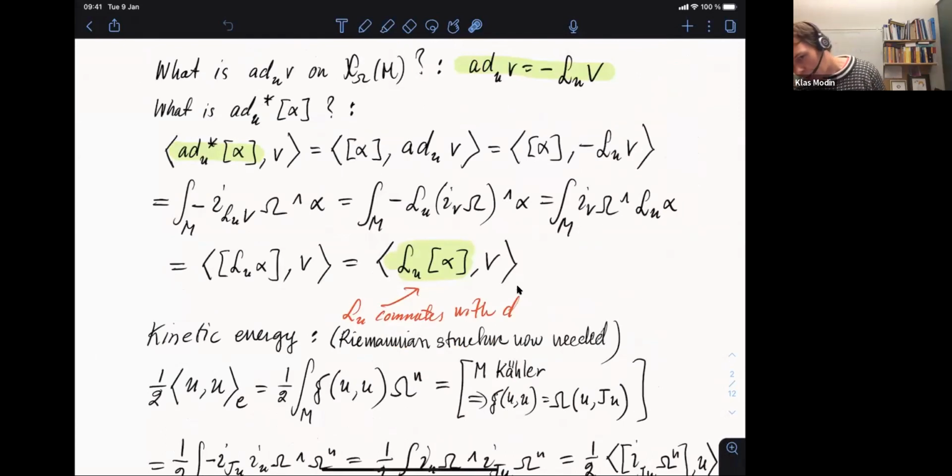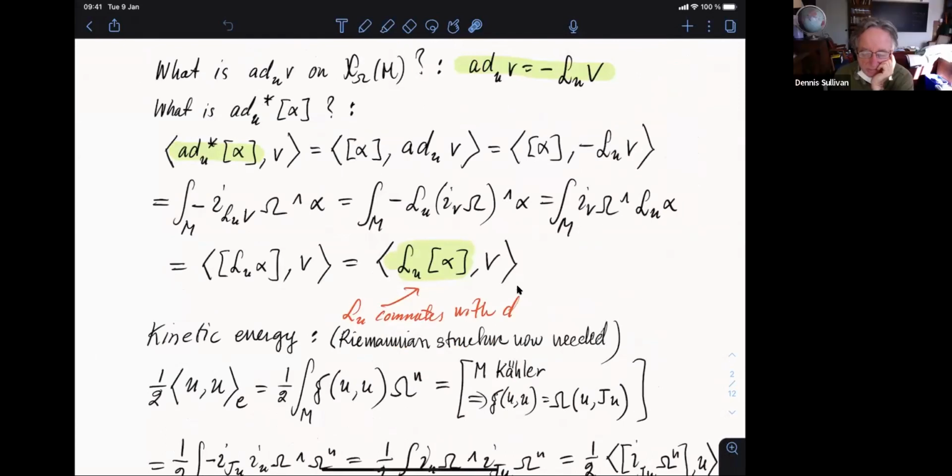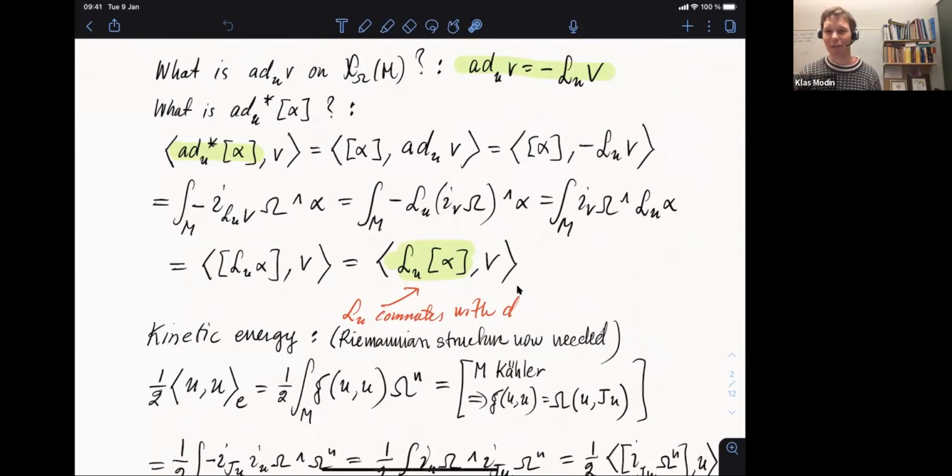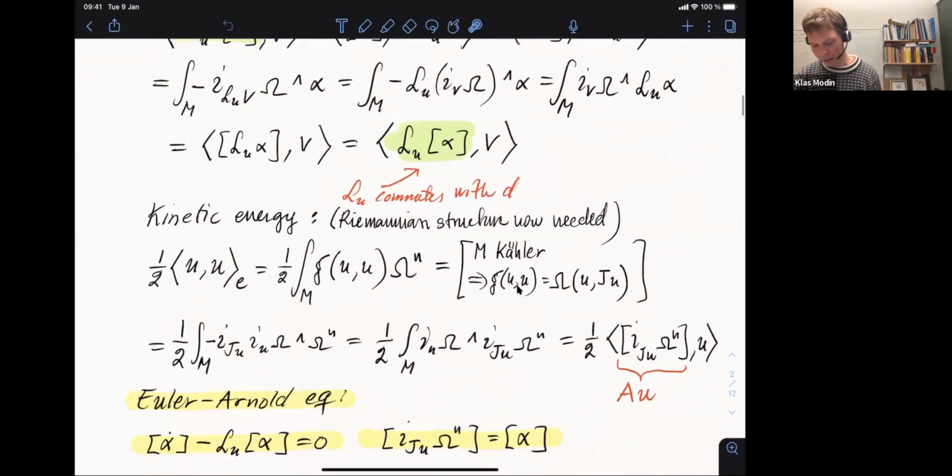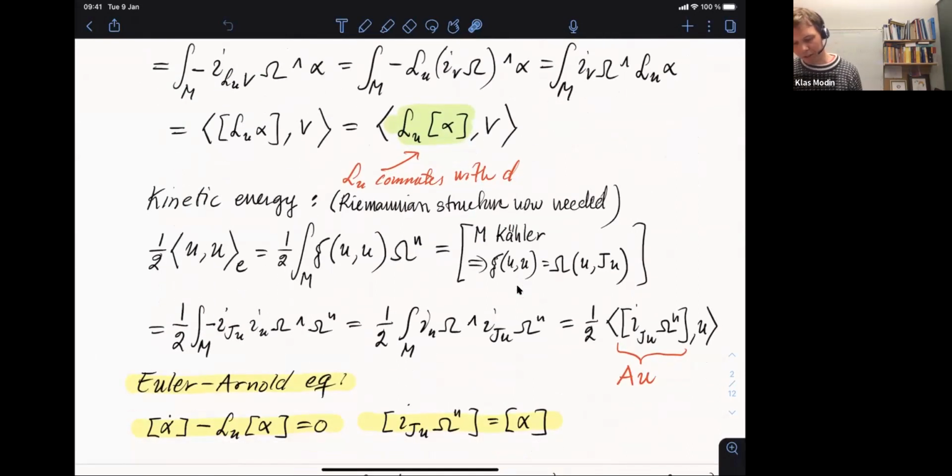And now we need some Hamiltonian as well. That's where the Riemannian part of this comes back in. So that's why you need a Kähler structure, or at least a Riemannian structure. So now we construct some kinetic energy or some Hamiltonian, and to do that we need a Riemannian structure. In fact, from now on I will assume that M is Kähler, so the Riemannian structure fits together with the symplectic structure in this nice way.